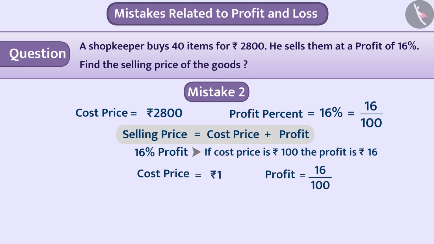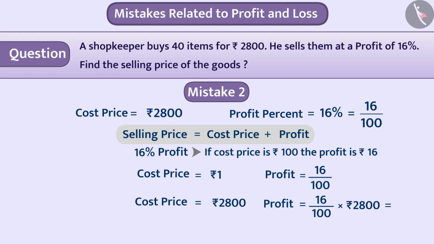So when the cost price is 2,800 rupees, the profit will be 16 divided by 100 multiplied by 2,800, that is 448 rupees. Hence, the selling price will be 2,800 rupees plus 448 rupees, which is equal to 3,248 rupees.